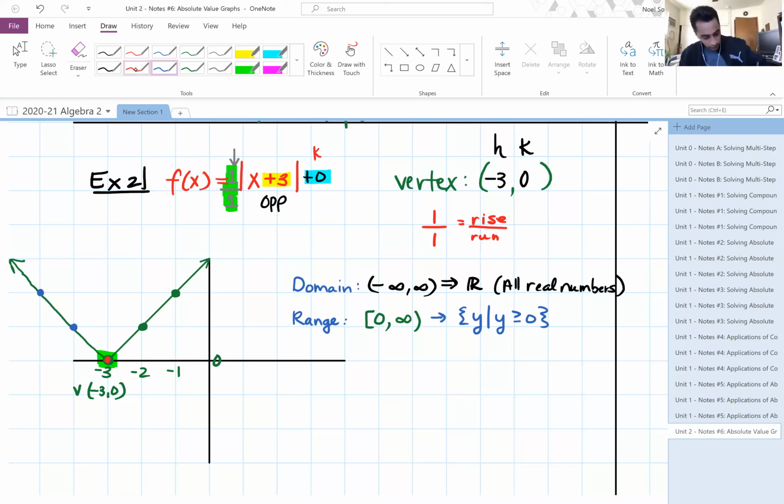Typically, we don't use this notation until you get to like college calculus. Not a lot of teachers show it this way, but IXL does, which is strange. So it's just another way of saying the same thing. These two are exactly the same. Right, so both of those are acceptable. I would prefer you give me the interval notation though. It's a little bit cleaner, a little bit easier to write.